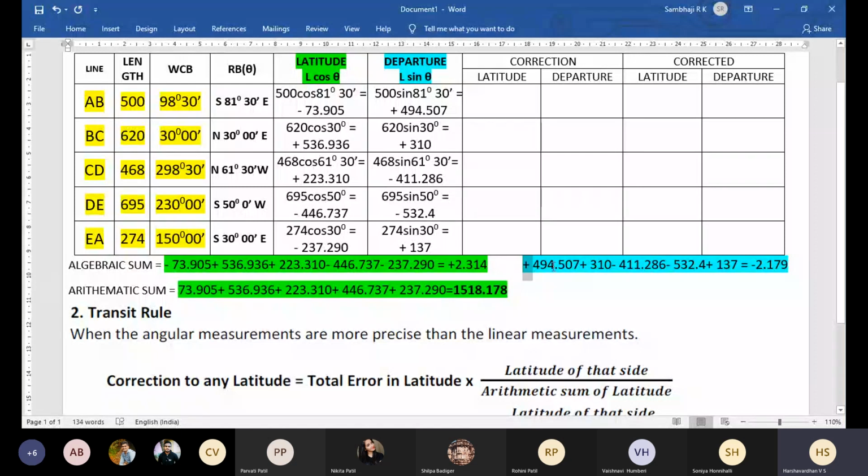Similarly, calculate the arithmetic sum for departures. We'll only take positive values.